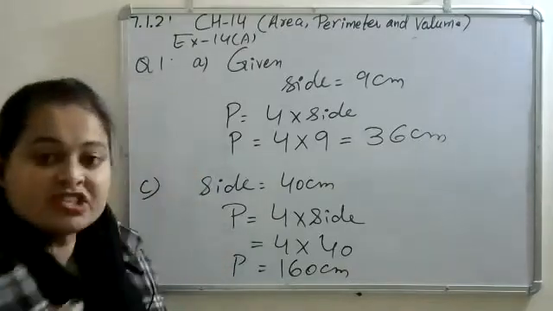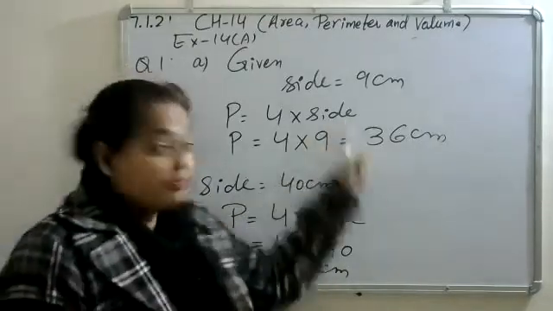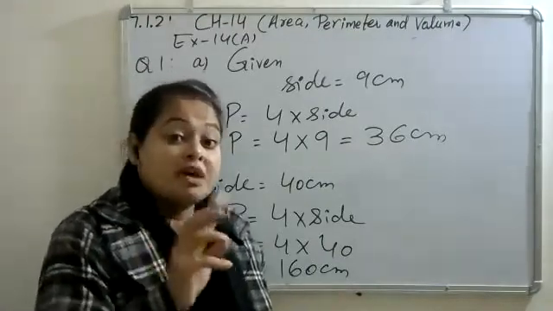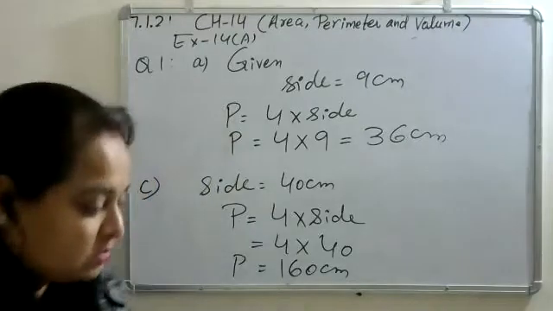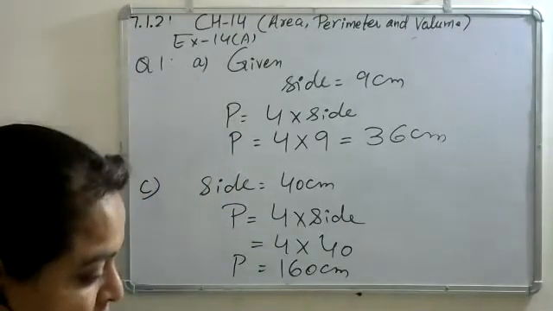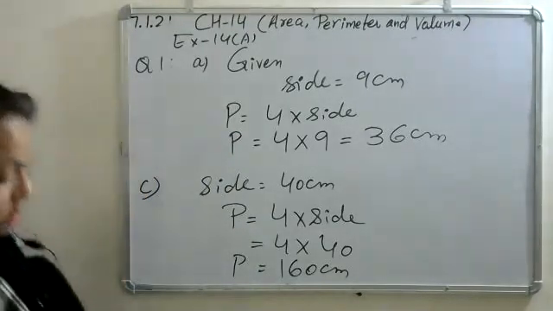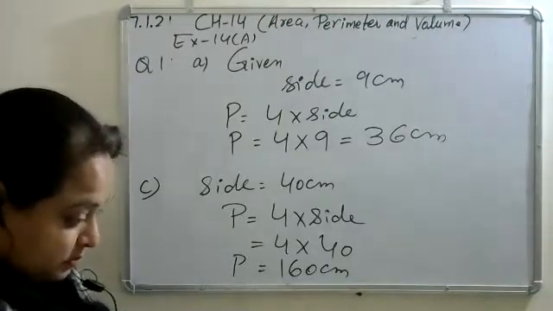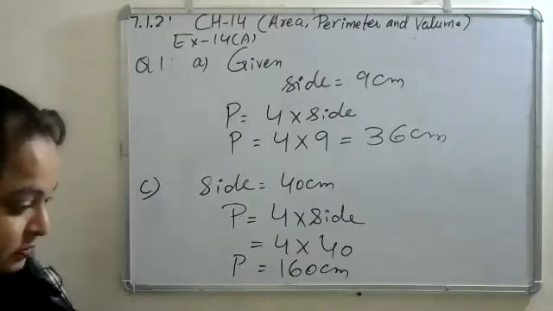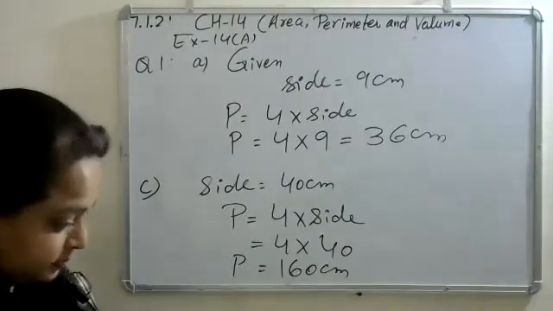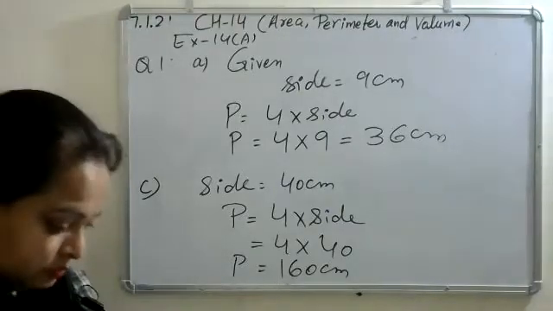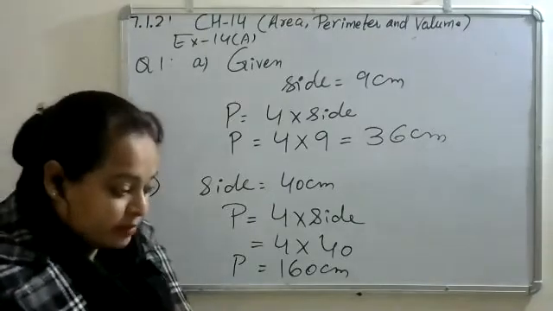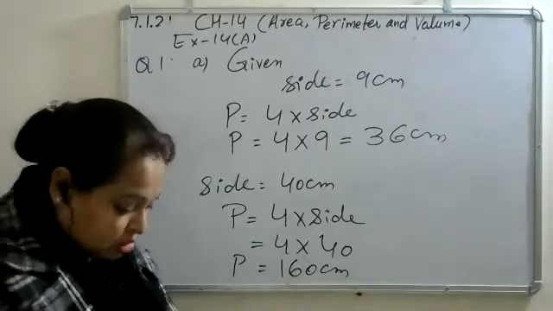And very much compulsory to write the formula. Very much compulsory to write the unit. Otherwise, half of your marks will be cut. Now write down, then we will start the second question.